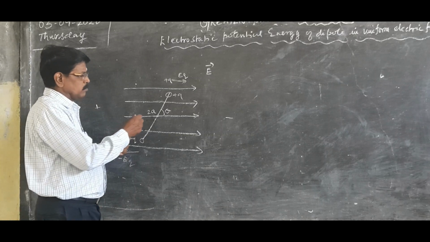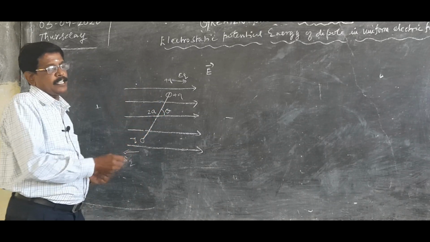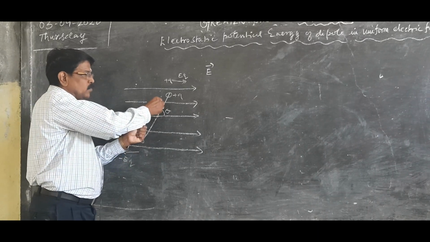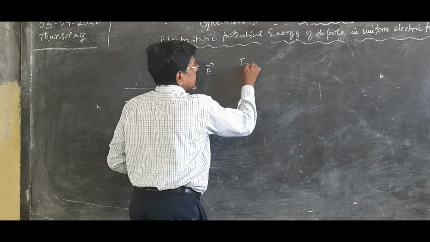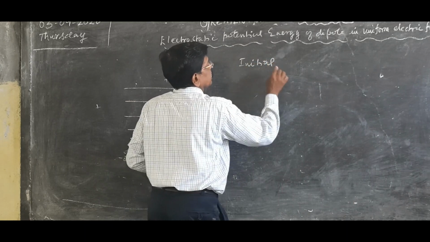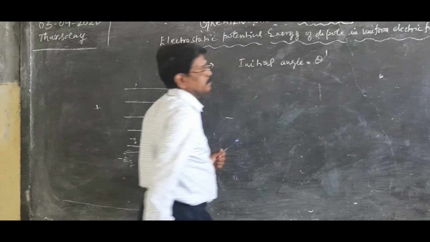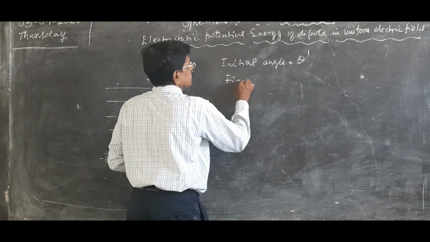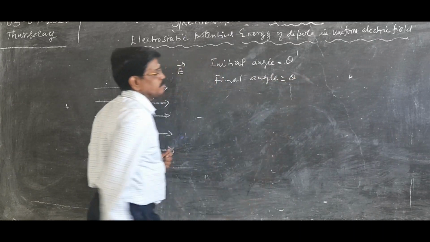Now let us assume a torque is applied in the opposite direction, changing the dipole from one angle to another angle. The initial angle is, say, theta dash. The final angle, say theta.